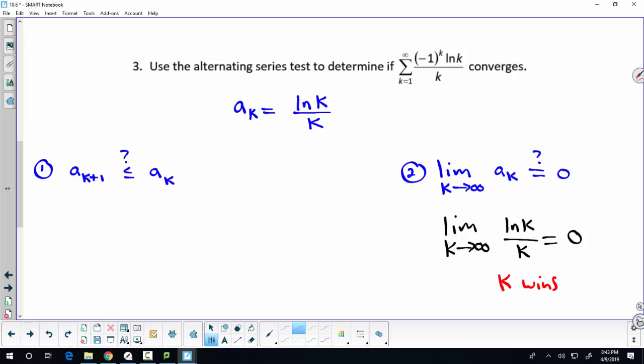If you just say that ln k over k is non-increasing, I don't think that's clear. It's not sufficient. So don't just assume that it's non-increasing. If this were an exam problem, you would need something other than, oh, it's non-increasing. It's not good.